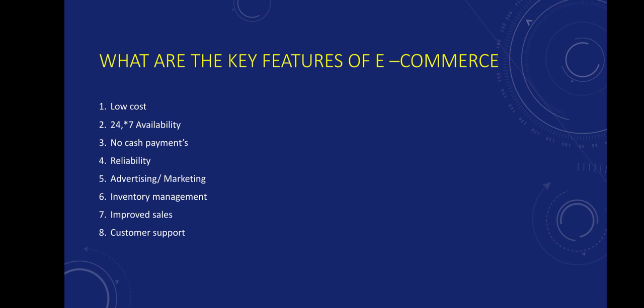On that relationship, the e-commerce will provide customer support. If the product is damaged, or there is any problem, the e-commerce will give support to the customers, and it will provide some services to the customers. So these are all the key features of e-commerce.